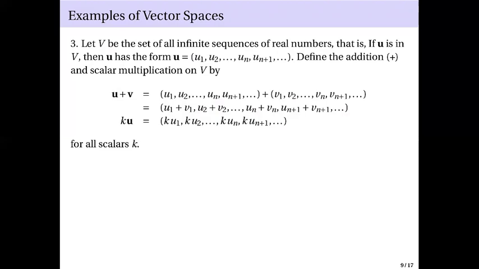Let me just write here axioms 1 and 6: both u plus v and kv are infinite sequences.